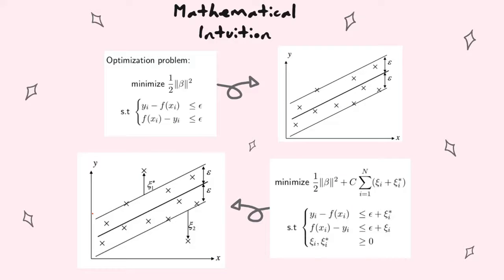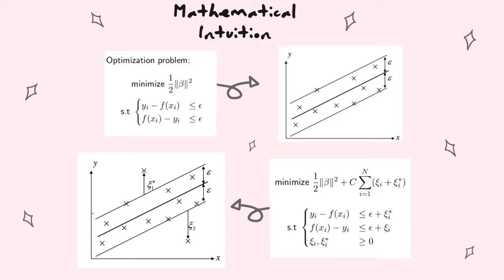Now, let us discuss the mathematical intuition behind support vector machine regression. Support vector regression gives us the flexibility to define how much error is acceptable in our model and will find an appropriate line or hyperplane in higher dimension to fit our data. The basic idea is that, let's say there is a given training dataset.